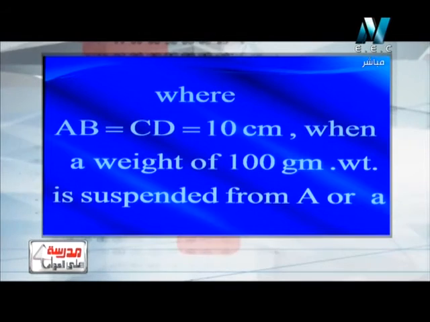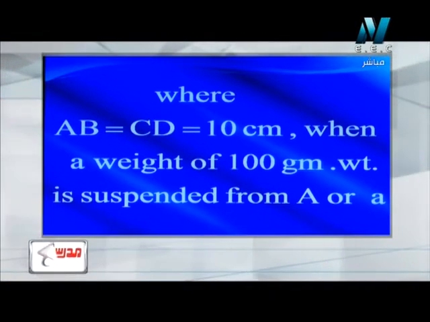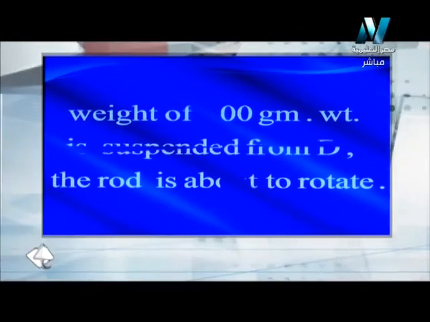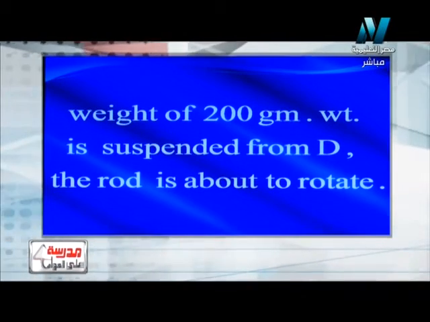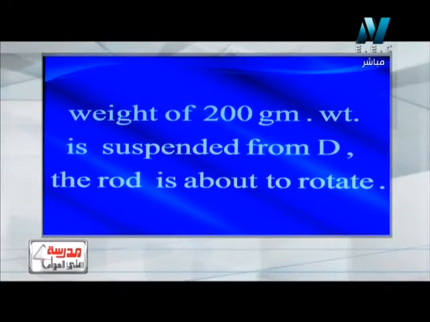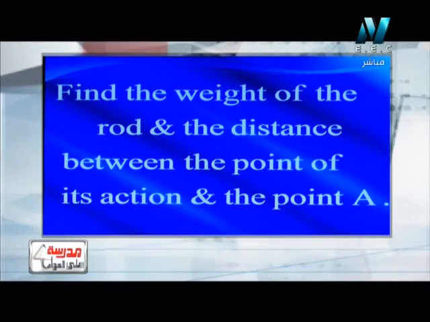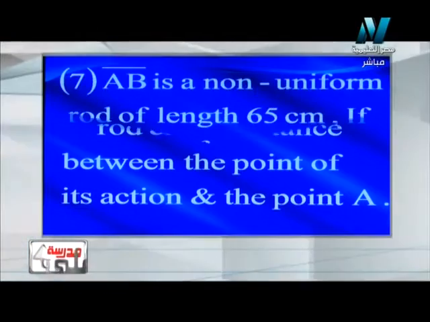When a weight of 100 gram weight is suspended from A or a weight of 200 gram is suspended from D, the rod is about to rotate. Okay, so the rod is about to rotate. Find the weight of the rod and the distance between the point of its action and the point A.